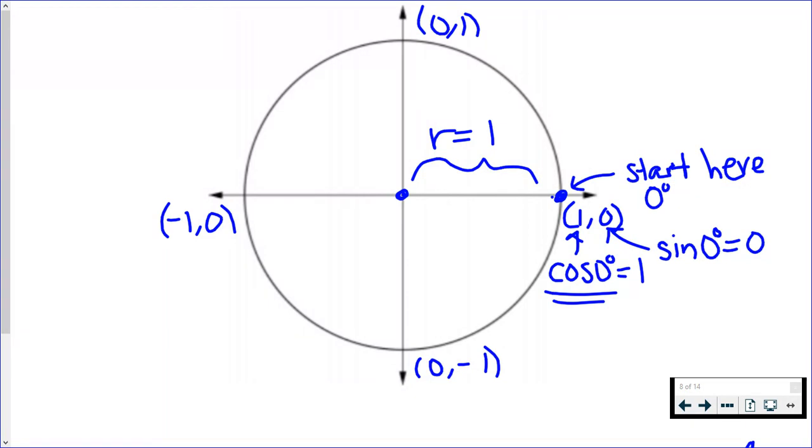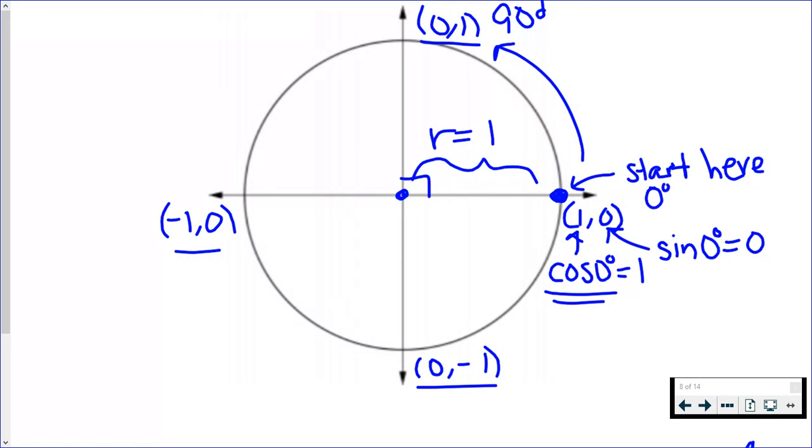So that's a little introduction to cosine and sine being x and y. Same applies for these other 3 points here. If I start at my starting point and I rotate up here to 0, 1, that would be a 90-degree angle, right? This is a 90-degree angle here.